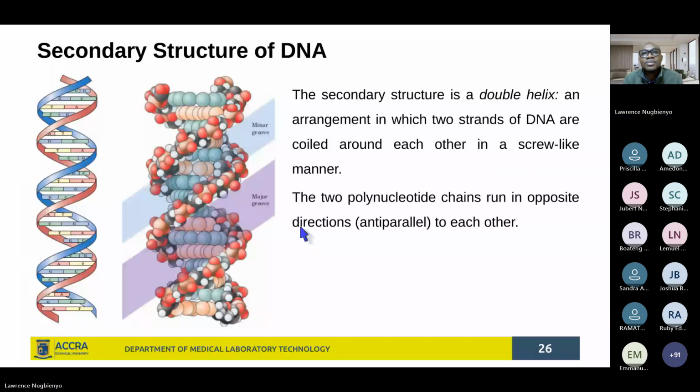Now, we can continue to look at more complexity of the structure. We've talked about the primary structure of nucleic acids being the sequence of nucleotides in a nucleic acid strand, and that is so for both DNA and RNA. Now we take the secondary structure of DNA, which we refer to as a double helix structure.